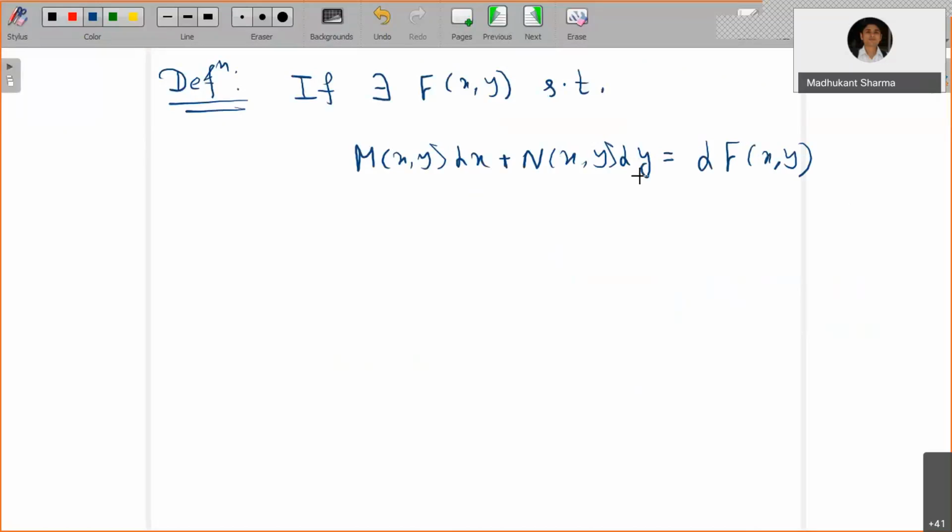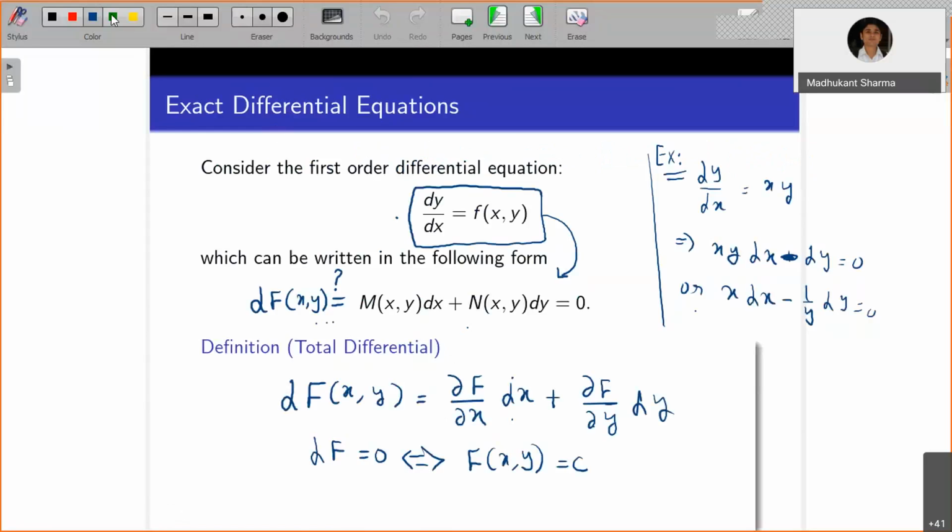Certainly we are talking about a domain D, in the xy plane, where all these things are possible. When you are talking about a total differential, it involves the partial derivatives of F with respect to x and y, so the function is so nice that these are possible.